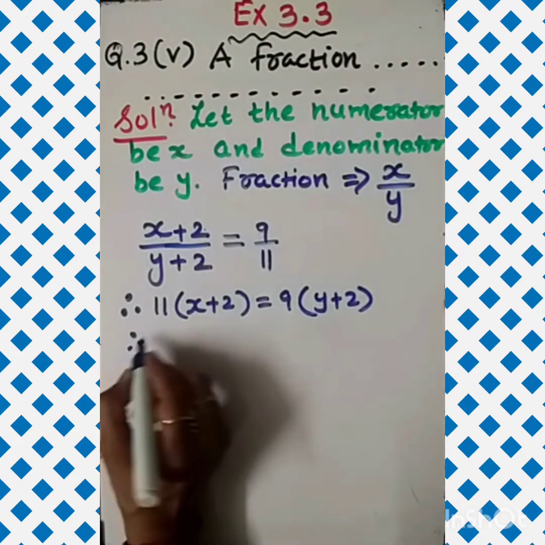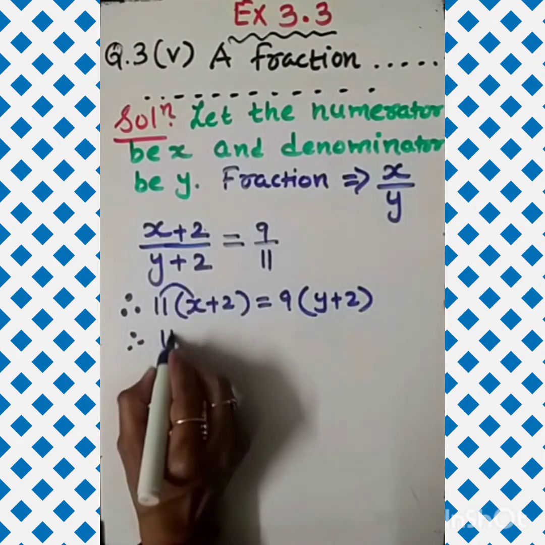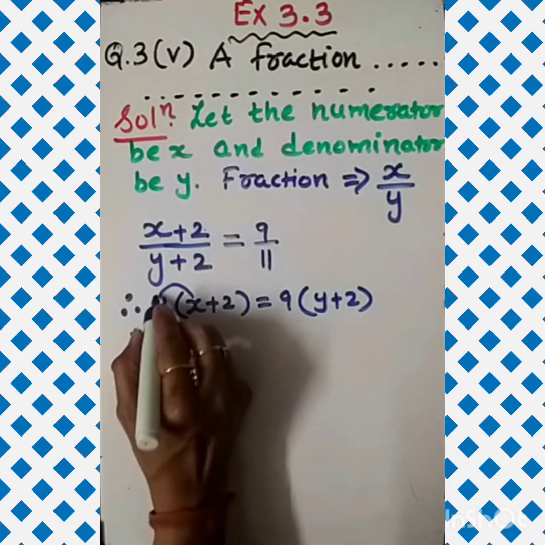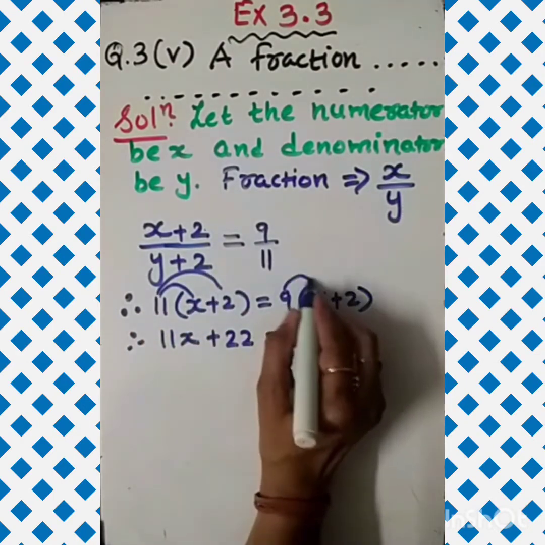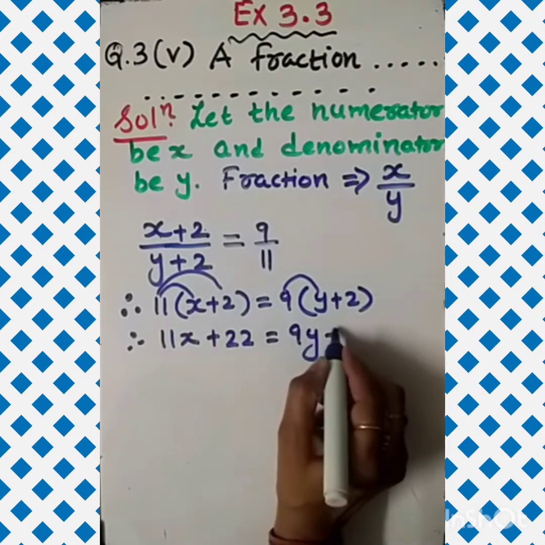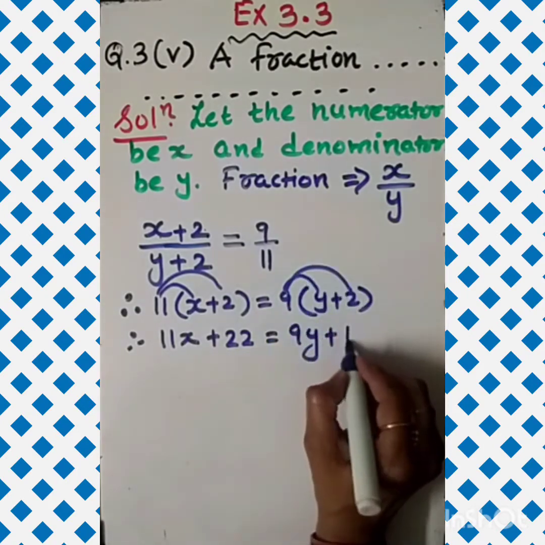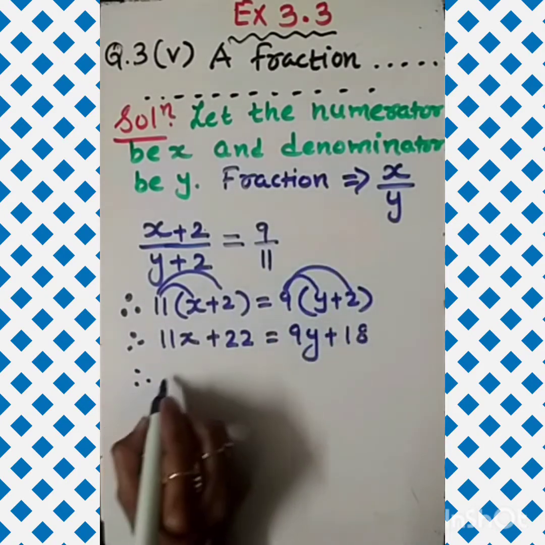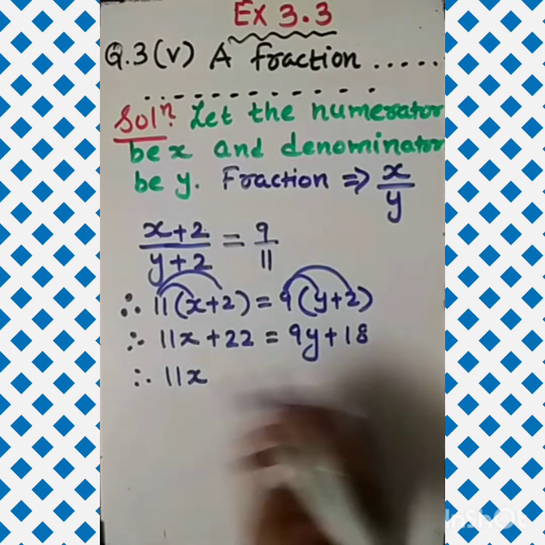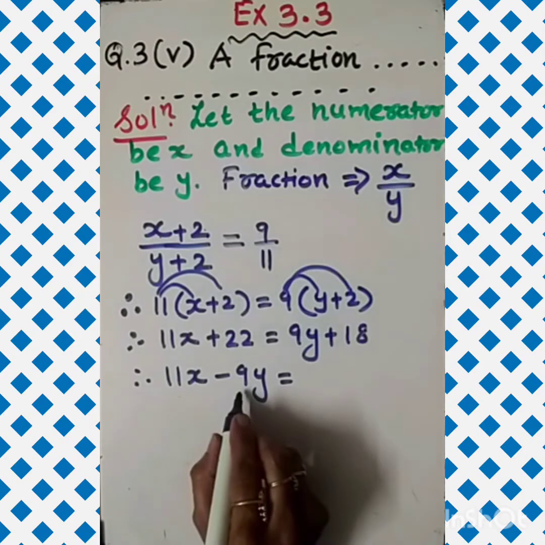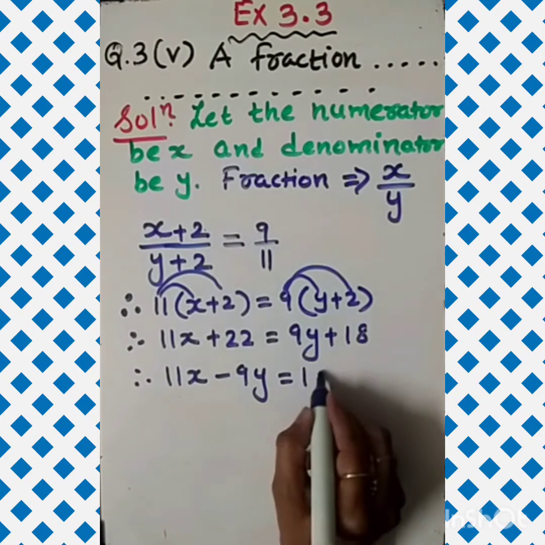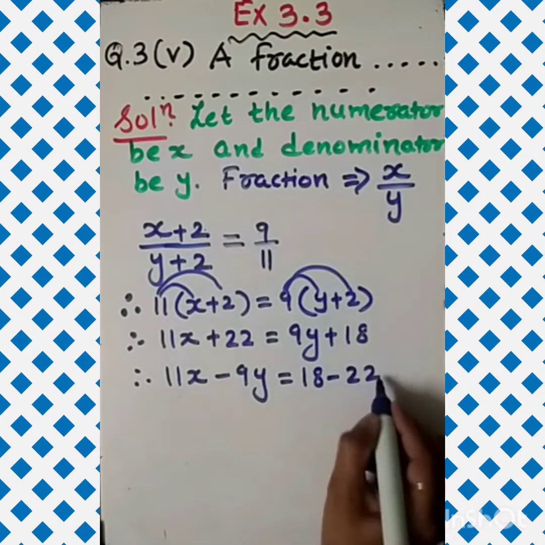Therefore, 11 into x, 11x, plus 11 into 2, 22, equals 9 into y, 9y, and 9 twos are 18. Therefore, 11x, this 9y will move to this side, gives the result minus 9y. And of course, this is 18 minus 22.